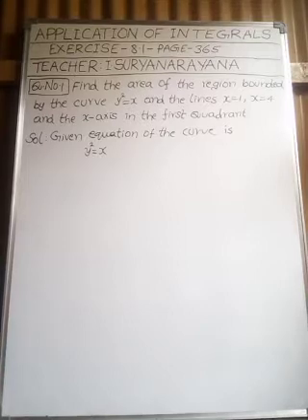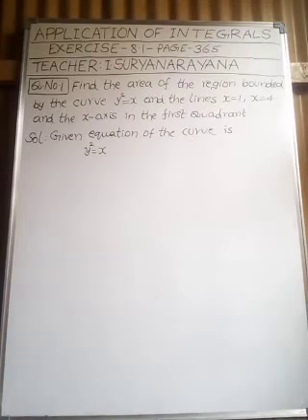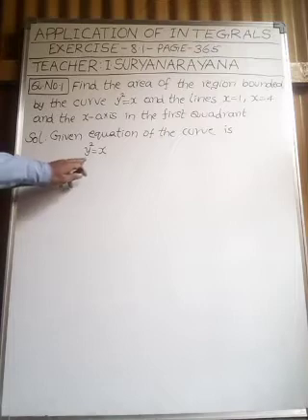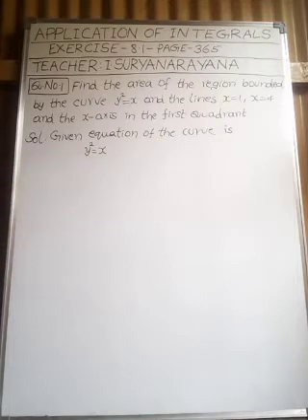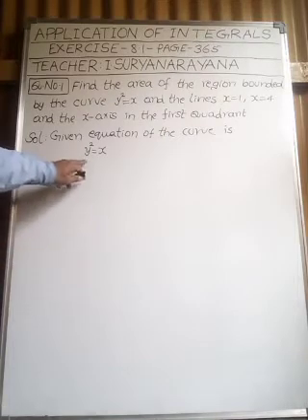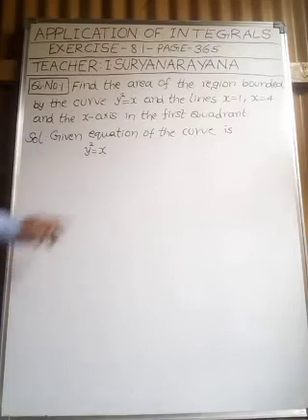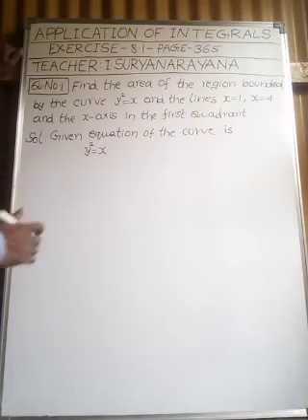Previously I told you that you should have some idea about the graphs of the given equations. So y square is equal to x. What is the graph of this equation? Yes, it is a parabola, and it is symmetrical about the x-axis. Yes or no, my children?